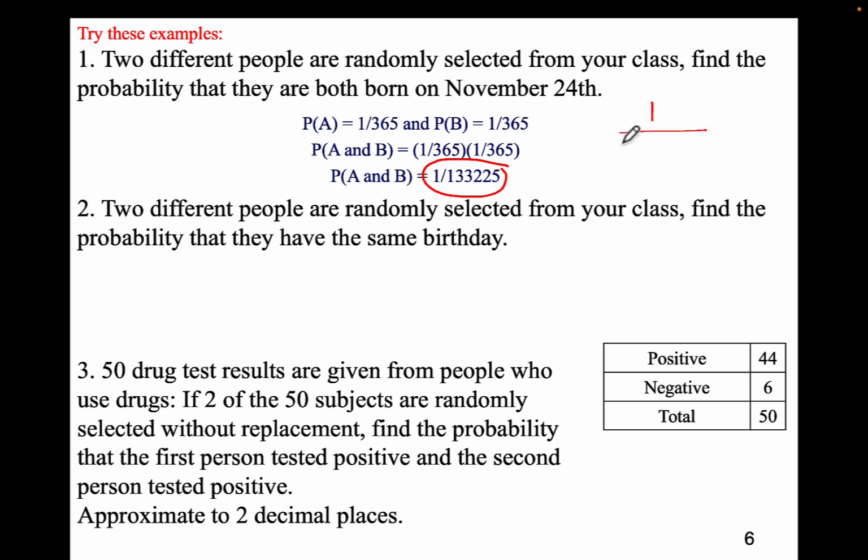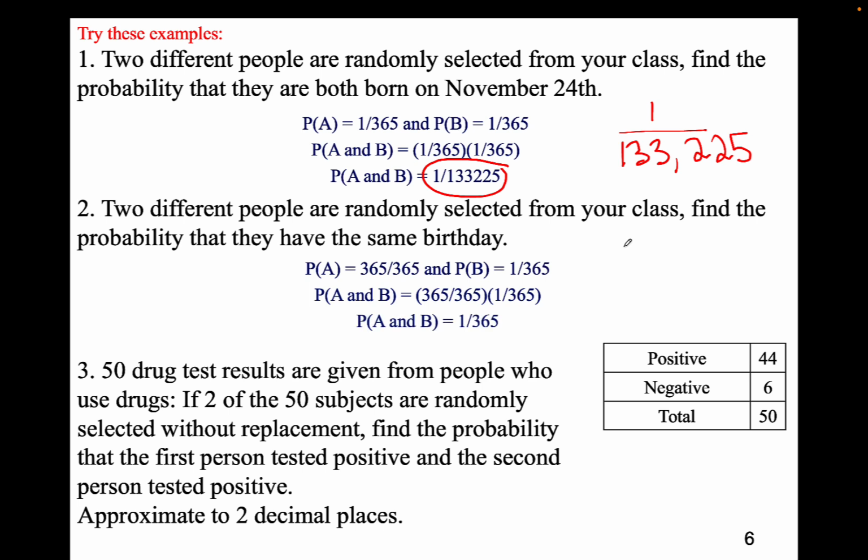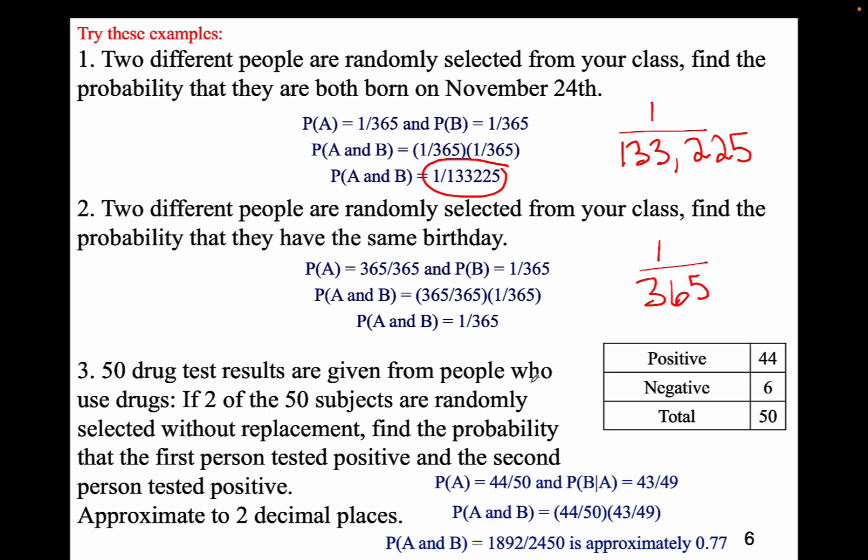1 out of 133,225. The correct answer for number 2 is 1 out of 365. And the correct answer for number 3 is approximately 0.77.